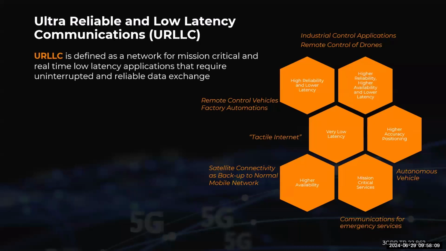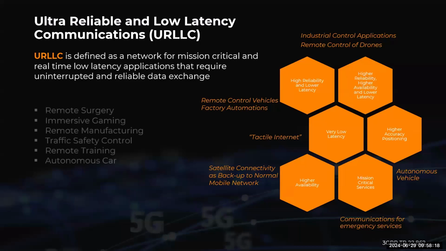So URLLC is defined as the network for mission critical and real-time low latency applications that require uninterrupted and reliable data exchange. Some of the applications are remote surgery, immersive gaming, remote manufacturing, traffic safety and control, remote training, and autonomous car.